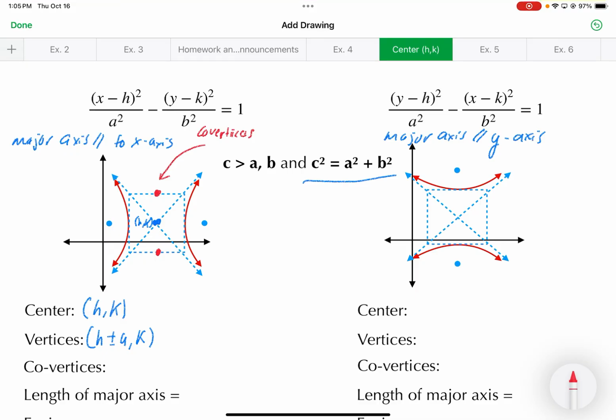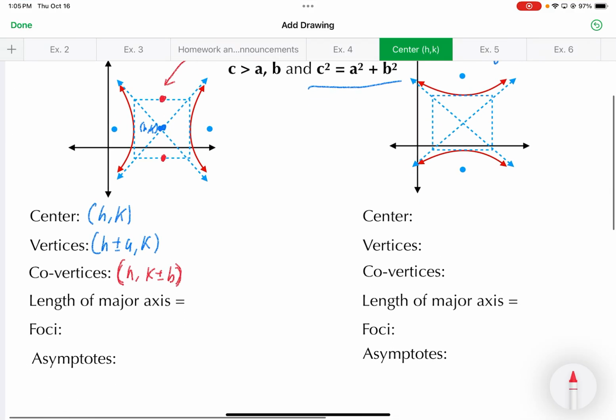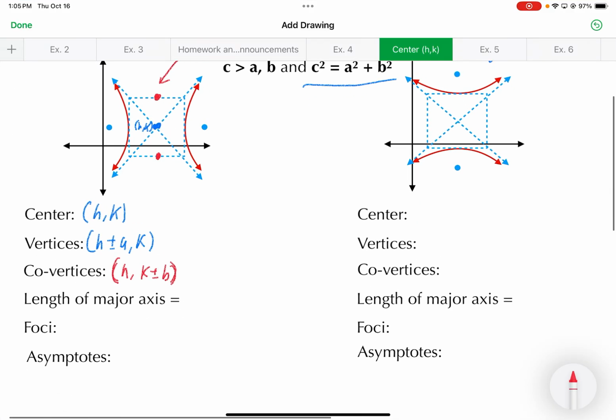Very good. So then my x coordinate would be what? h. God, you guys are so good at recognizing patterns. And then my y coordinate would be what? k plus or minus b. Good. So my vertices always start with h and k. If I'm moving them, then we'd either add or subtract a or add or subtract b.